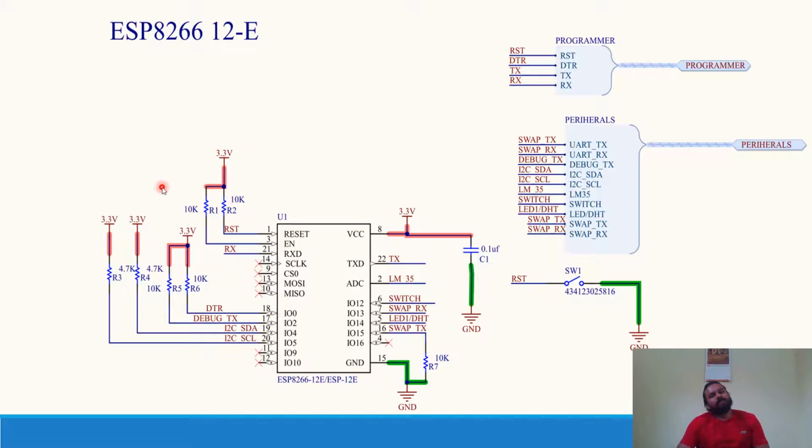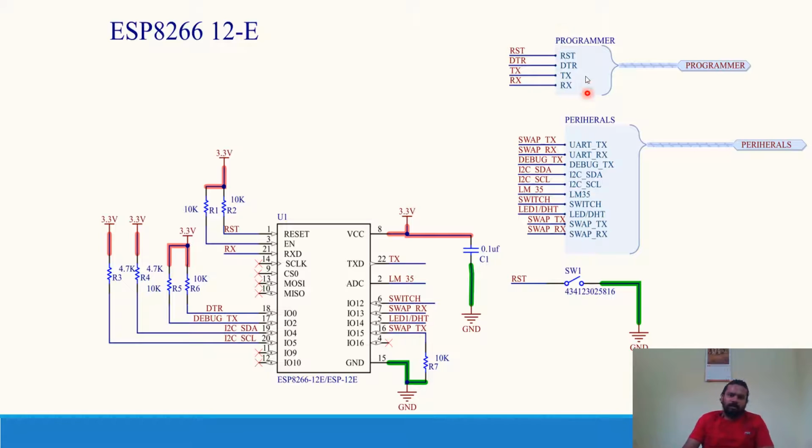This is the ESP12 circuit where we have a few resistors for programming support, and we mentioned a few pins here: switch, RxTX pin, LED, DHT11 pins, and I2C pins, and one ADC pin which is connected to LM35.